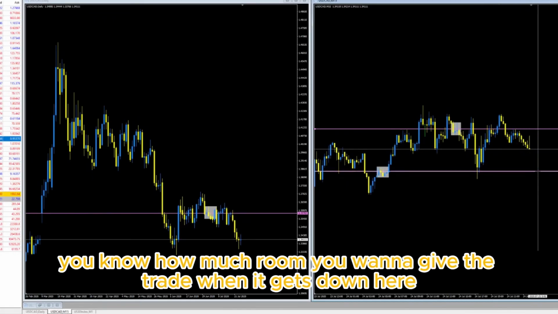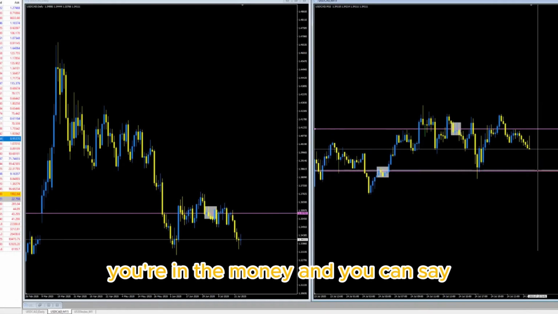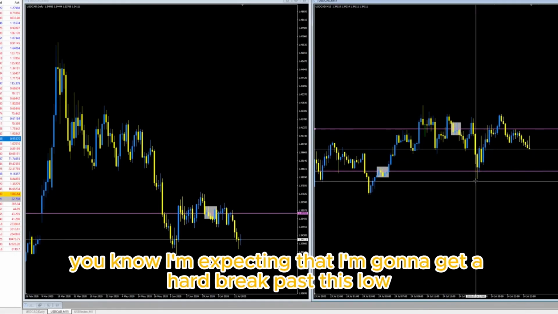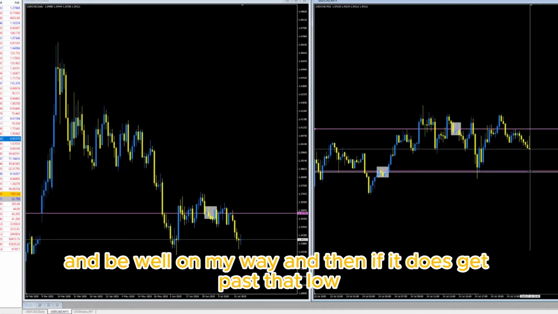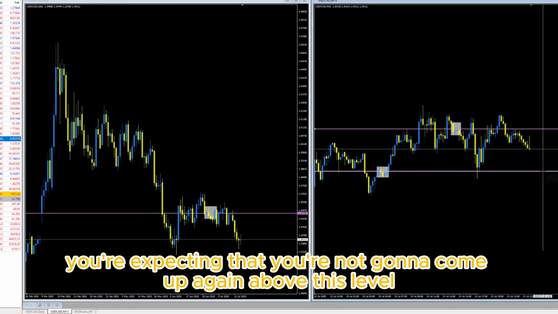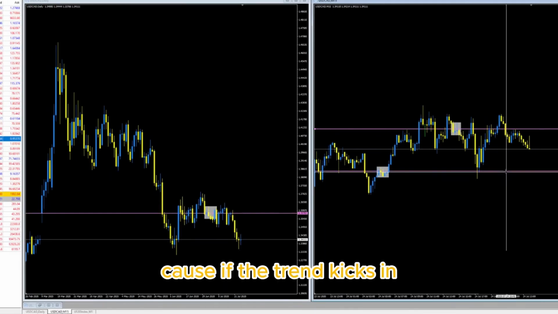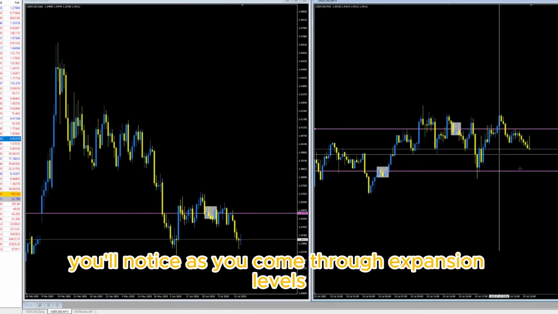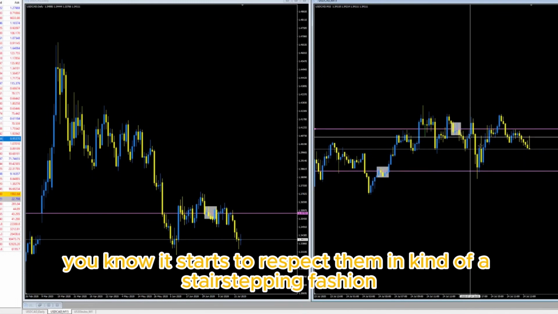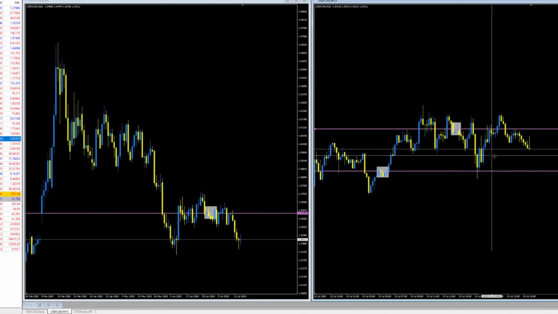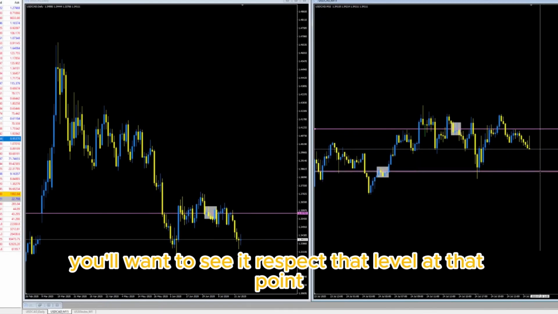When it gets down here, you're in the money, and you can say, I'm expecting that I'm going to get a hard break past this low and be well on my way. And then if it does get past that low, you're expecting that you're not going to come up above this level. Because if the trend kicks in, you'll notice as you come through expansion levels, it starts to respect them in kind of a stair-stepping fashion, whether it's going up or down. You'll want to see it respect that level at that point.